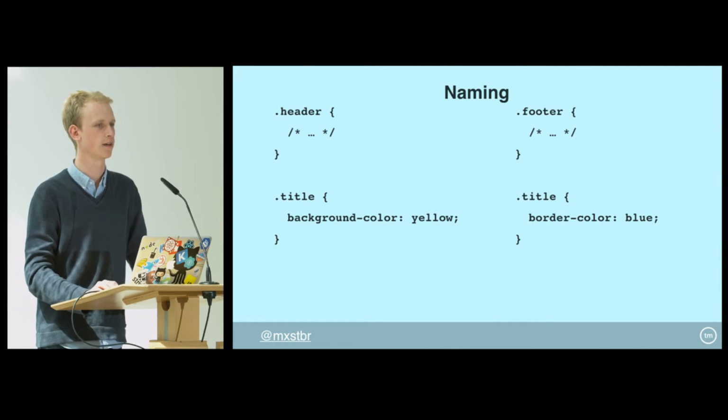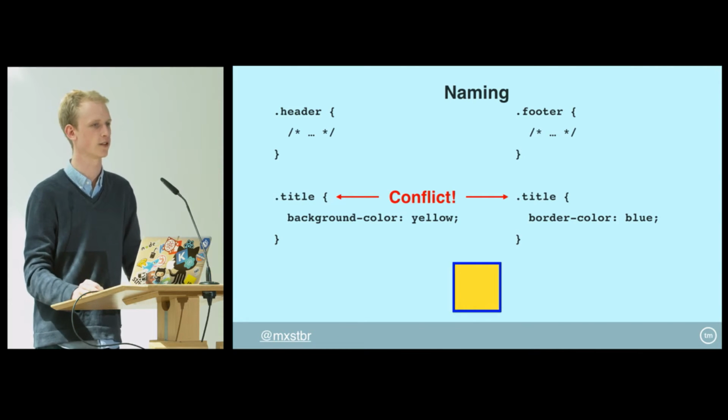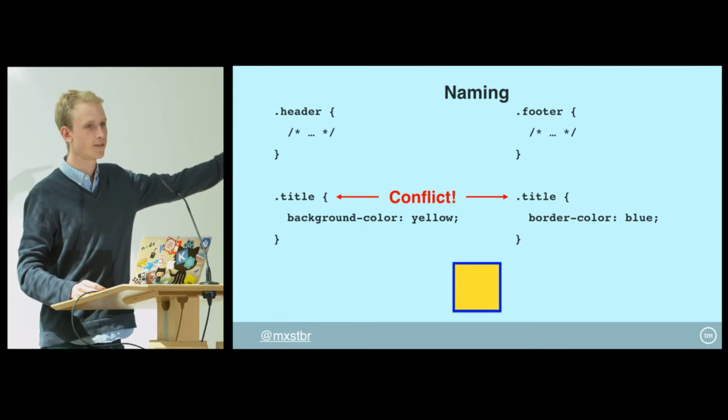In one you say .header and .title, and in the other you say .footer and .title, and suddenly you get a conflict. And your title on the entire page has a yellow background and a blue border. Now, if you make your title have a yellow background and a blue border, I think you're doing something wrong. This is just an example, right? But you can see where I'm getting at. The global names can conflict, and they shouldn't, really. Our component should look the same no matter where it is.